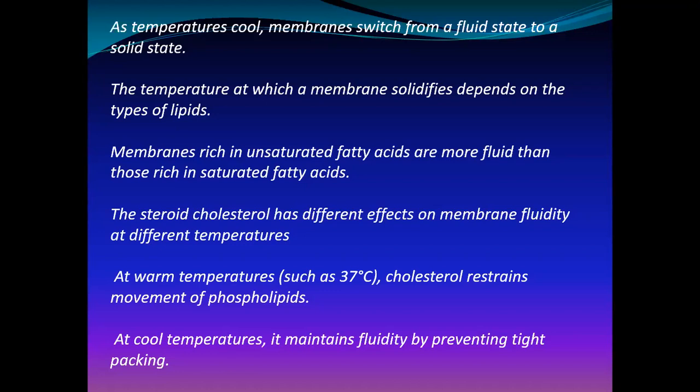The tail is either a saturated or an unsaturated fatty acid. If a double bond is there in the hydrocarbon chain, it is unsaturated. Single bonds are saturated, simple. With saturated fatty acids, the liquidity is very low. Membranes rich in unsaturated fatty acids are more fluid.